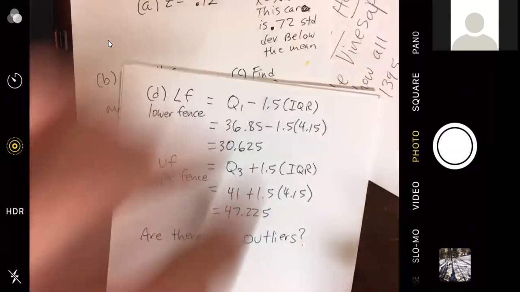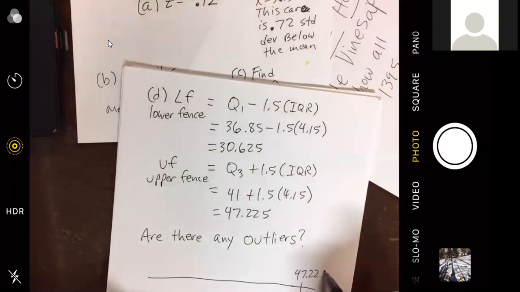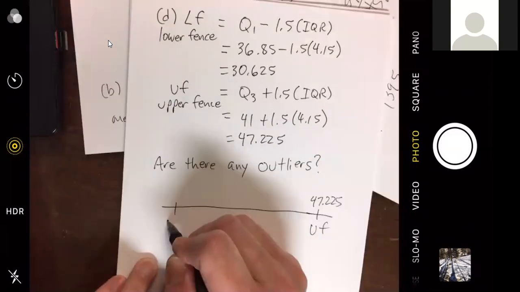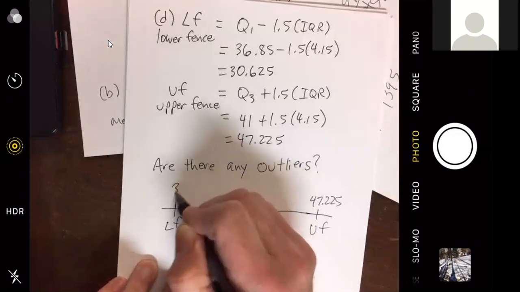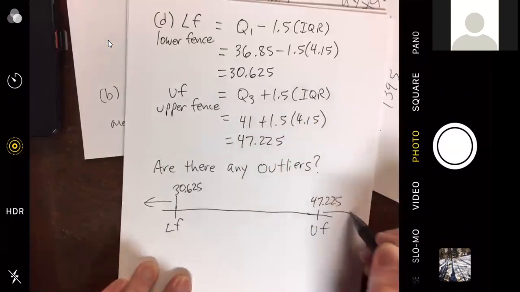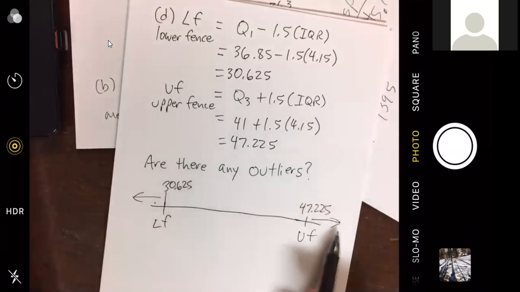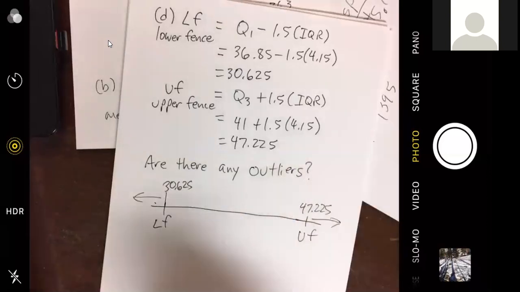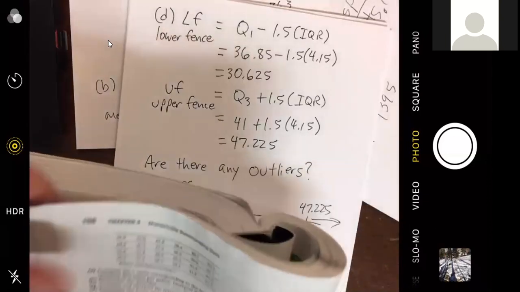All right, so I'll just put the fences on. At 47.225, your upper fence, and your lower fence was 30.625. We're looking for any numbers less than the lower fence or greater than the upper fence. Looking at the data, there's no number below 30.625.